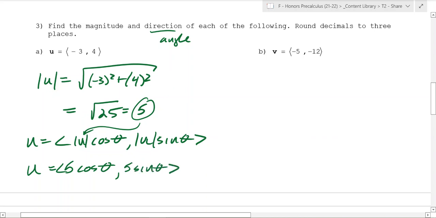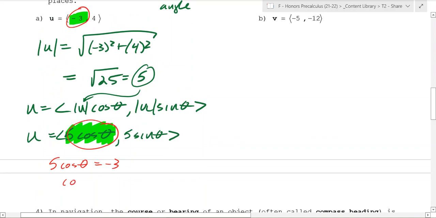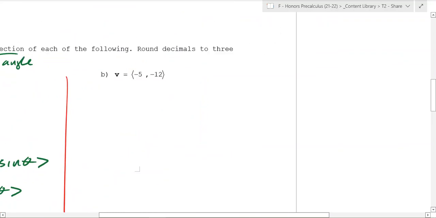Well, we know that negative 3 is the x component, so this right here has to be negative 3. Those two things have to be the same. So 5 cosine theta is equal to negative 3, so cosine theta is equal to negative 3 over 5. So theta is going to be cosine inverse of negative 3 over 5. Now that's something you need your calculator for, and you'll get 126.870 degrees.